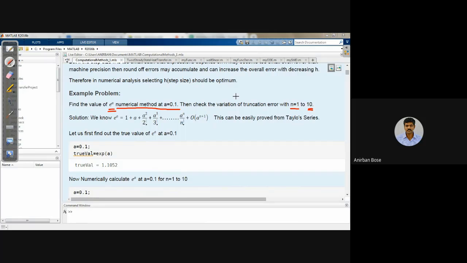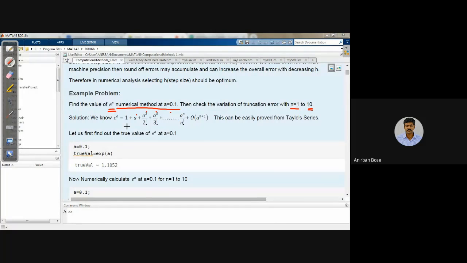In all these situations, what is the value of the error, how is the truncation error changing? We have some idea that if the number of terms increases, the truncation error will gradually decrease, right? Because if we take one term, two terms, three, four, five terms, gradually the error will be less.